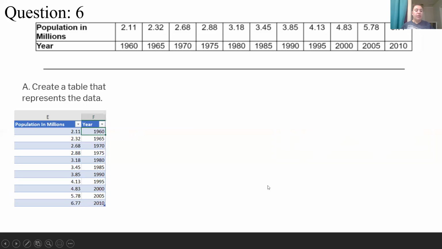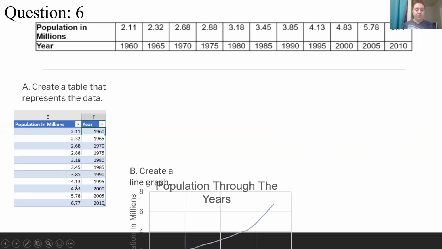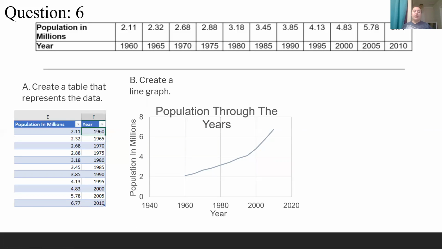So that's pretty much it, it's just a simple table. This is also a table, but it's best to show the different ways that you could create a table, but that is one way. Okay, so now we're going to create a line graph.